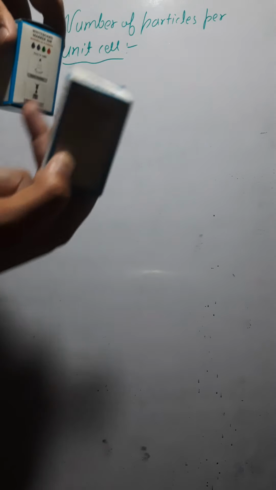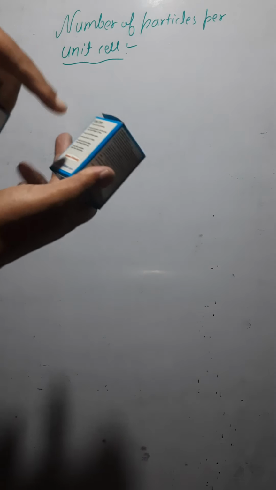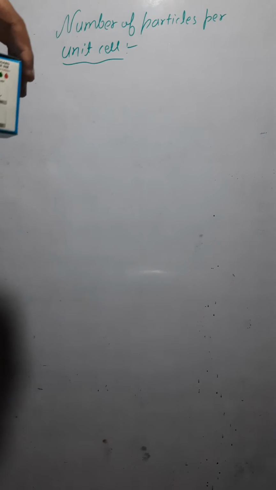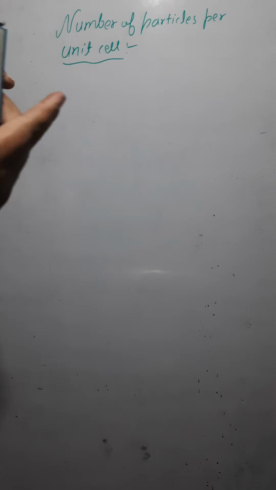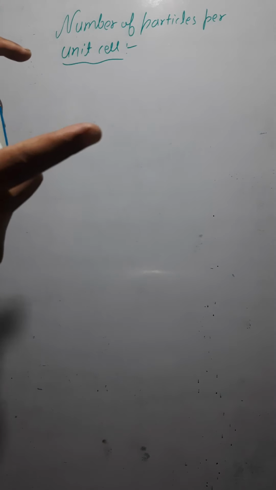When you have joined these two unit cells, the particle which was there has now been divided into two. The particle in this one face would be here also and here also. So the particle's contribution to each unit cell would be how much? Half.